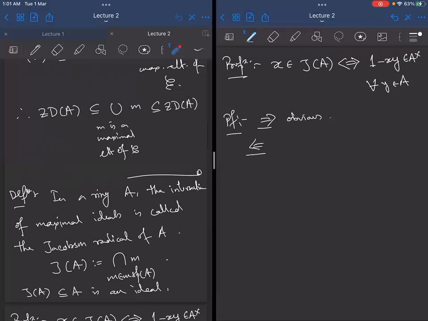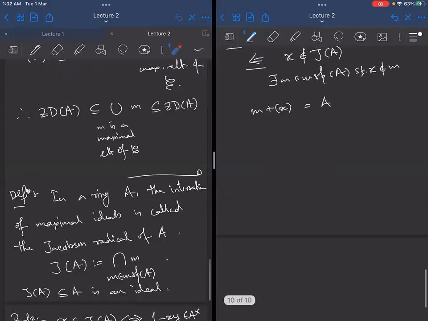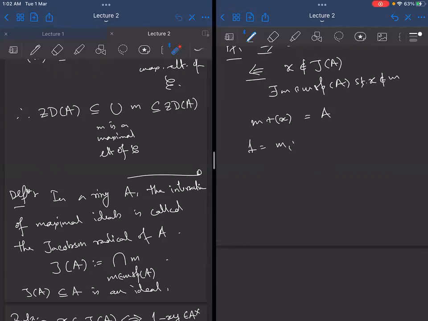And for the reverse statement, suppose x is not in the Jacobson radical, then what happens? So we want to show that 1 minus xy cannot be a unit for some y. So if x is not in the Jacobson radical, then there exists some element M of the maximal spectrum such that x does not belong to M. But then if you take this ideal, it is the whole ring, and therefore 1 has an expression like this, where a is a ring element and m1 is an element of that maximal ideal.